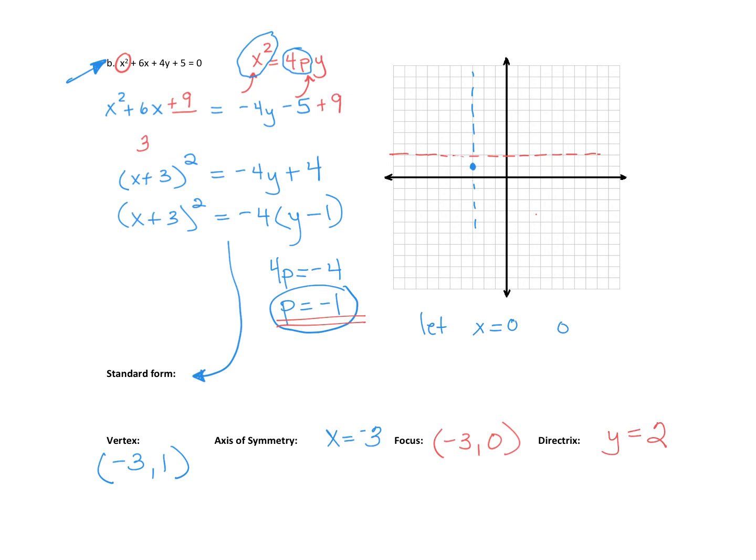So I'll get 0 plus 0 plus 4y plus 5 equals 0. And I get y is minus 5/4, so a little bit more than negative 1. So here and here, because it's symmetric, and it looks like this.